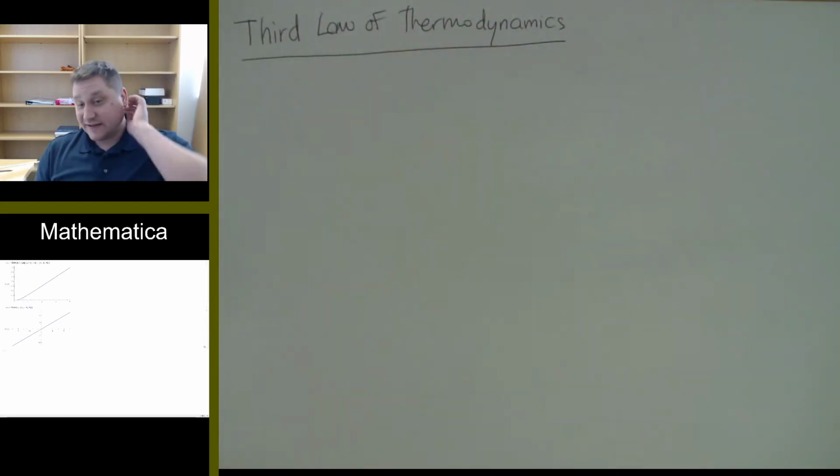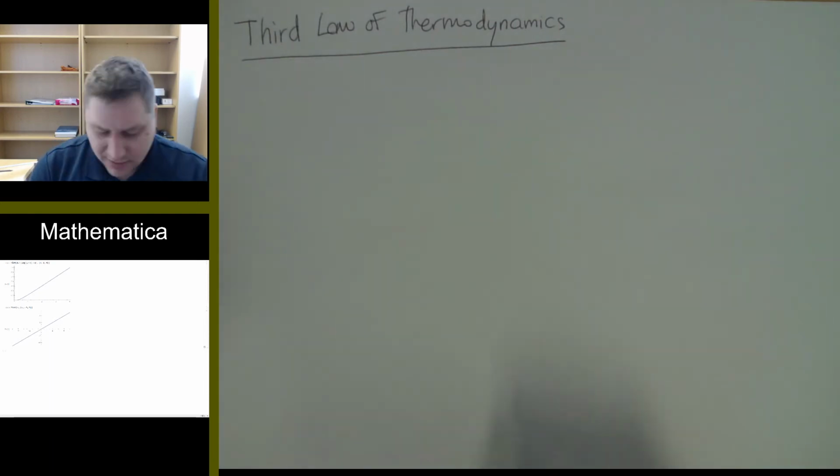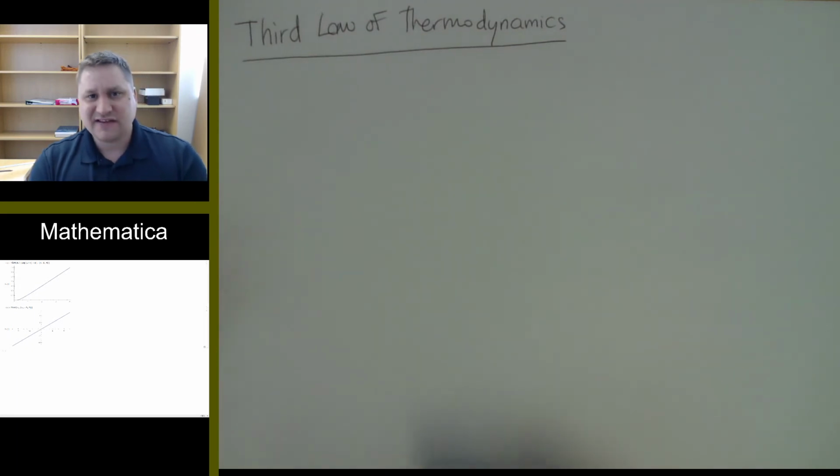And as I mentioned in the introduction, this law is not crucially important for most of the rest of what we do, but it is good to know that it exists and know a little bit of what it means. So again, as it's a law of thermodynamics, we don't need to justify it within thermodynamics itself. We can take it as a starting point.